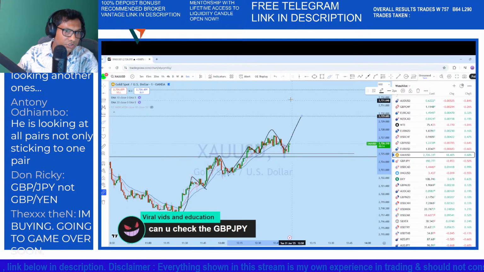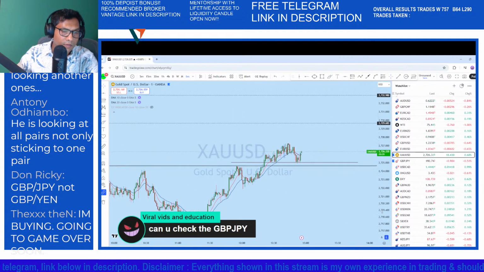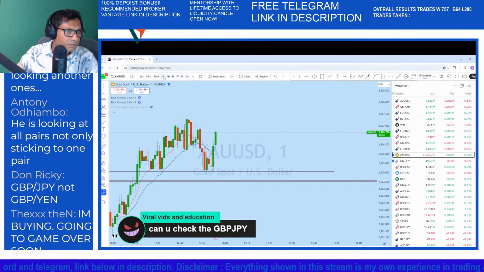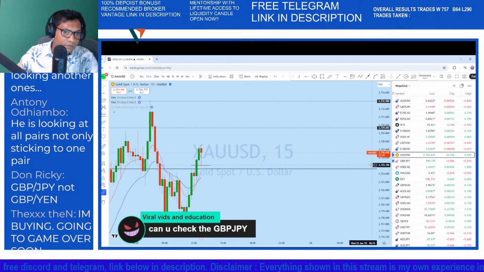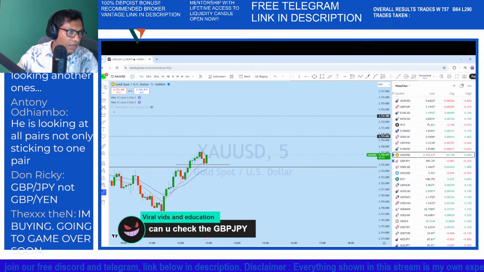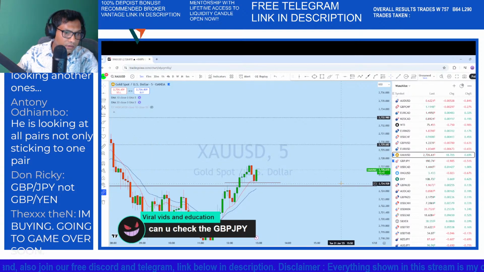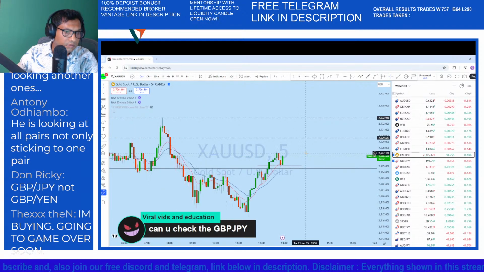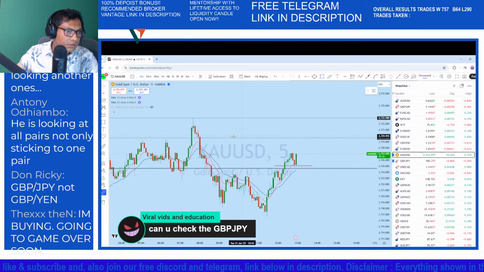So the market is forming a series of higher highs and higher lows. So bounce, and this is a resistance line here.